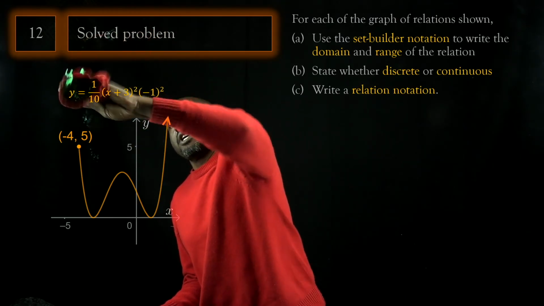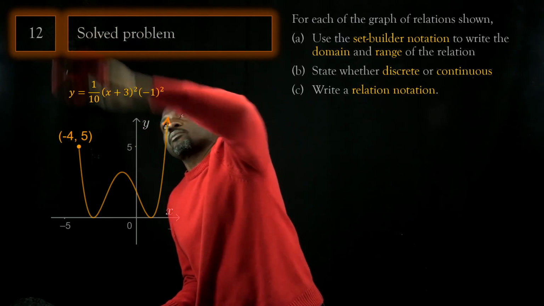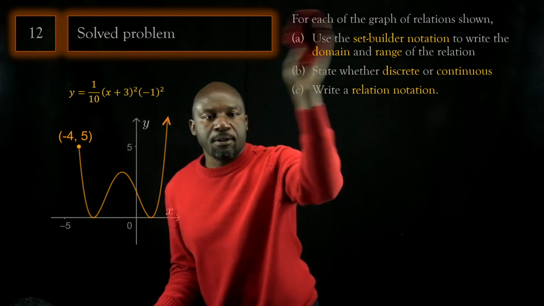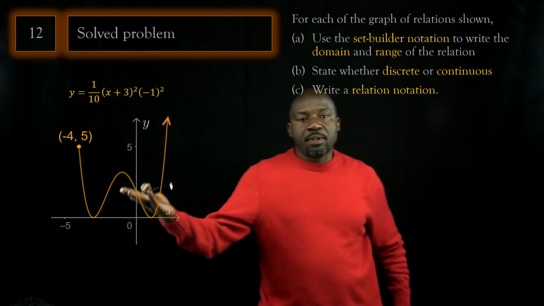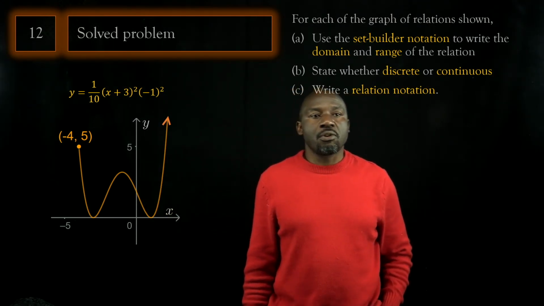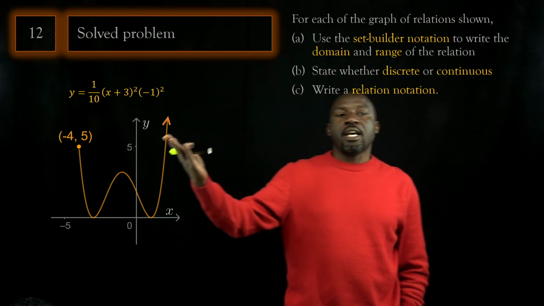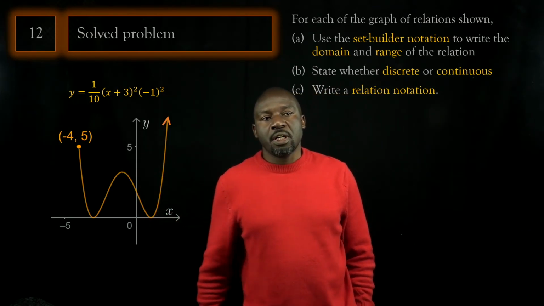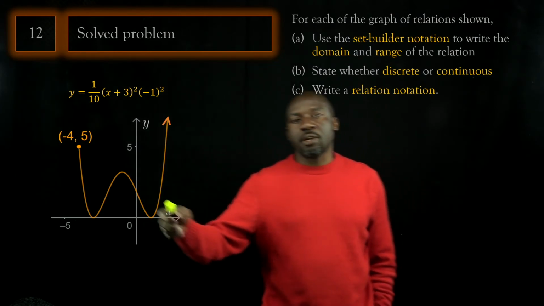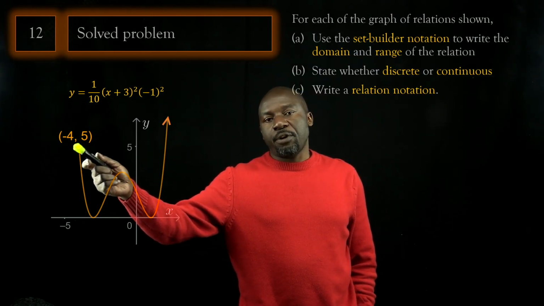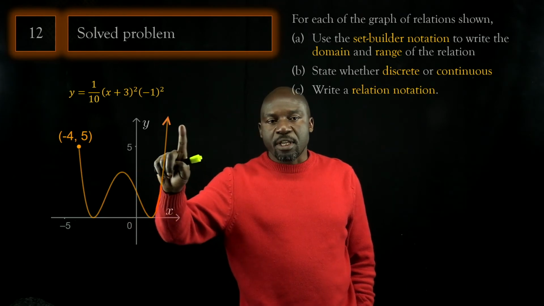Given that relation equation, find the domain and the range. Decide whether this is a discrete or continuous relation, and then write down a relation notation for the relation. Notice this is a completely filled circle at the end there, but there is an arrow here.